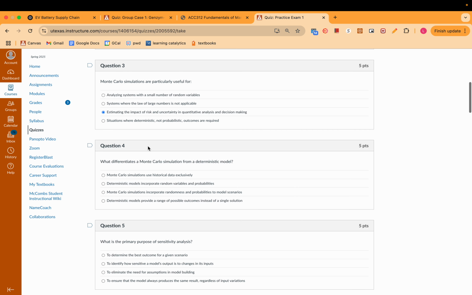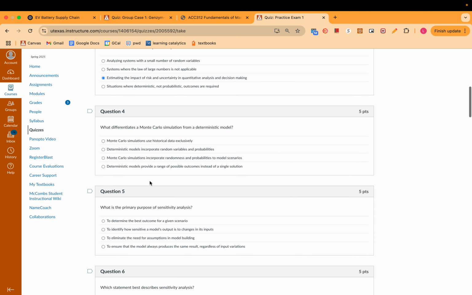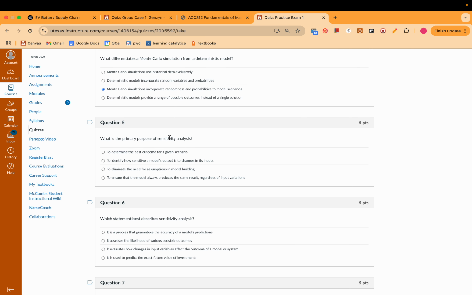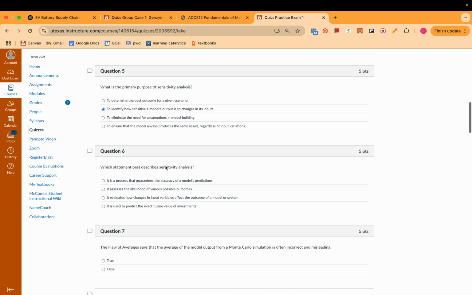What differentiates a Monte Carlo simulation from a deterministic one? Monte Carlo is not deterministic. Deterministic means you have your values, no probabilities, no randomness, but Monte Carlo does. For sensitivity, you want to see how sensitive a model's output is to changes in its inputs.